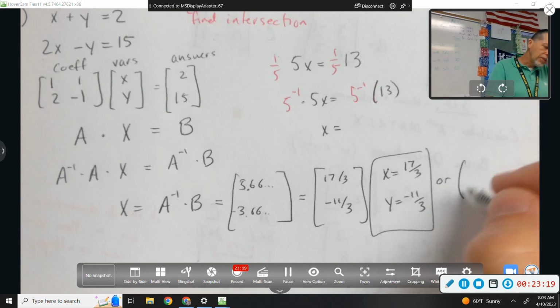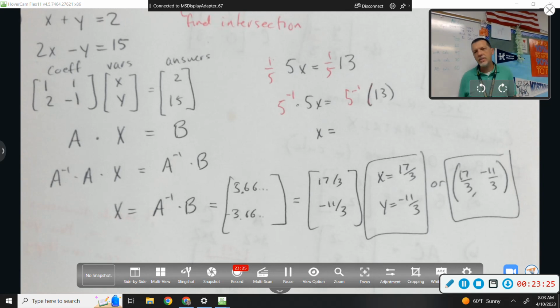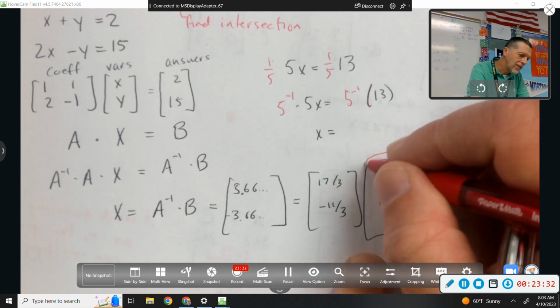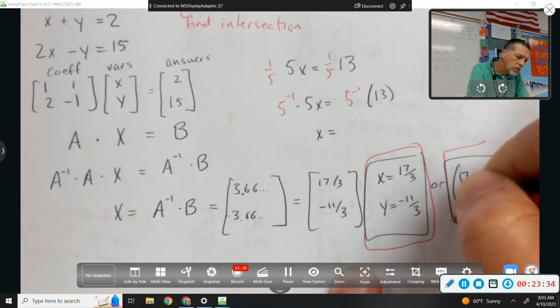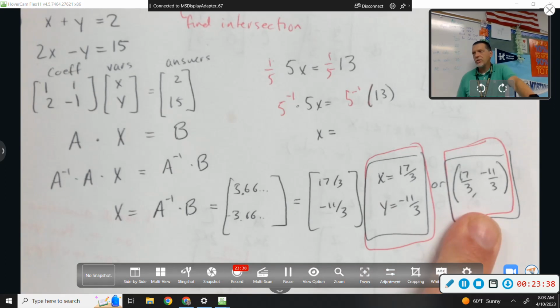Or you could write it as an ordered pair, because we recognize that as x comma y. So super easy to do, but make sure you answer by telling me who's x and who's y. You can explicitly tell me, or you can write it as an ordered pair.